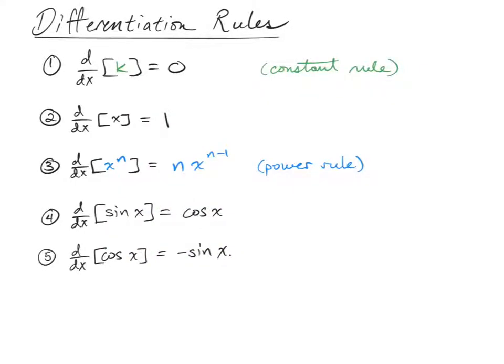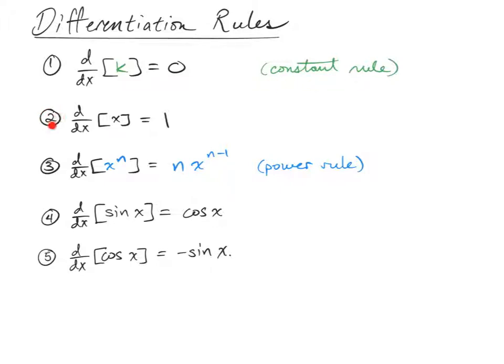The second set of differentiation rules goes over some very common derivatives you will come across in your differentiation exercises. The first of which is the derivative of a constant is 0. We call this the constant rule.